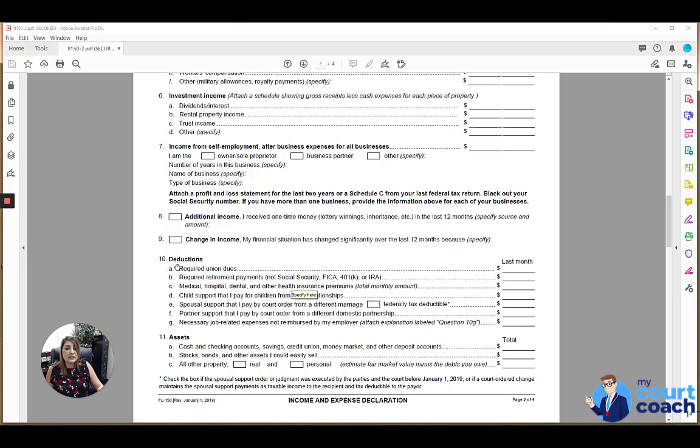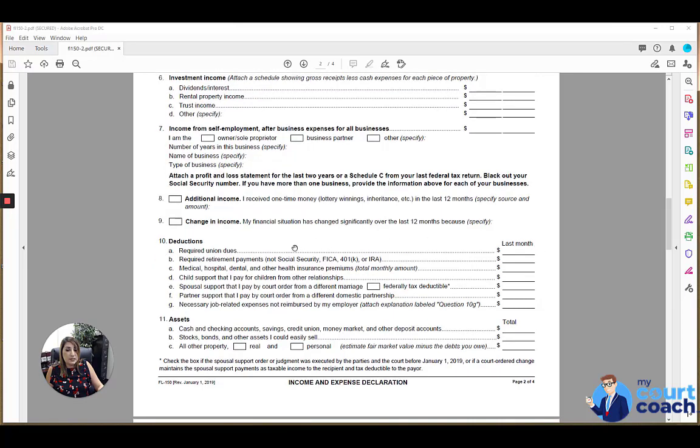Deductions go in field 10. And there's some specific ones that you can list. Required union dues, for instance, if you're a teacher, you would list that here. Mandatory retirement payments, that's not voluntary like 401k payments, but again, to use the teacher's example, teachers have to pay into a mandatory retirement fund that would be listed in 10B. Your monthly medical insurance premiums get listed in 10C, and that includes hospital, medical, dental, vision.